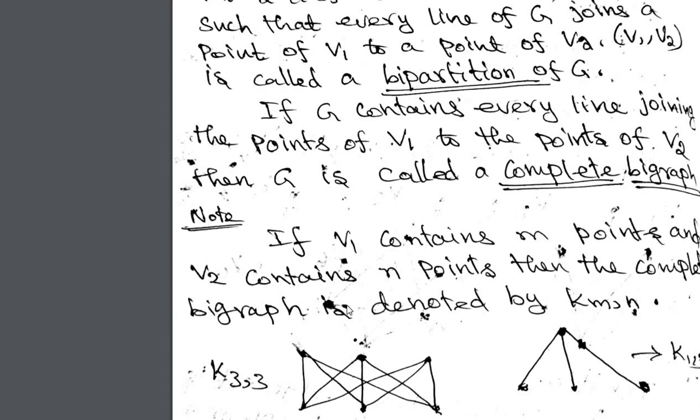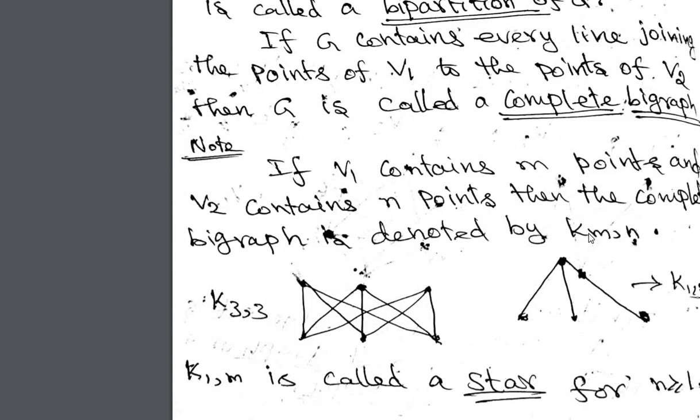This is the notation we use to represent a complete bigraph: K of M, N. We have already studied the complete graph with P vertices, which is denoted KP. Now K of M, N is a complete bipartite graph.